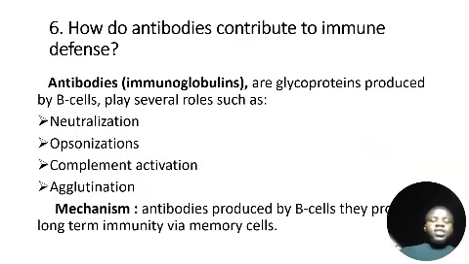The next question is how antibodies contribute to immune defense. Antibodies, such as immunoglobulins, are glycoproteins produced by B cells. They play several roles such as neutralization, opsonization, complement activation, and agglutination. For the mechanism, antibodies produced by B cells give long-term immunity via memory cells.